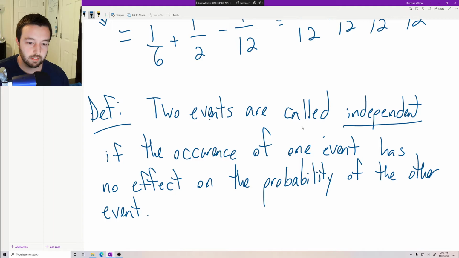So if one of them happening doesn't affect the other one happening. If we just think back to rolling a die and flipping a coin, whatever you get for the die, it's not going to affect what you get on the coin, right? Those are two completely separate things, so we call those independent.